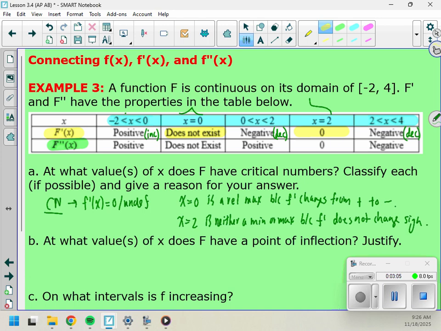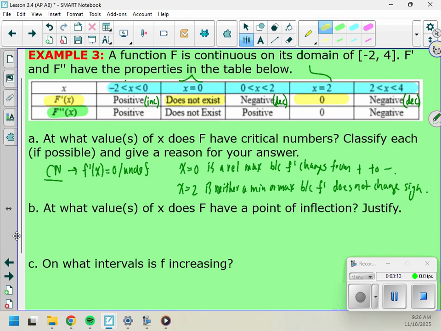Second question asks us, at what points does f have a point of inflection? Justify your answer. We can have a POI anytime f double prime of x equals 0 or is undefined, does not exist.